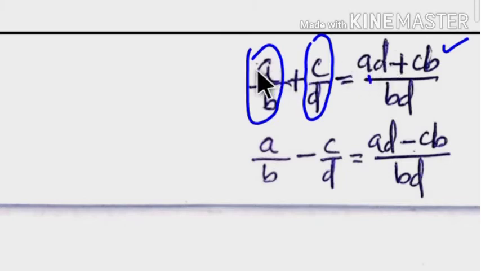That is, numerator of first into denominator of second plus the numerator of second into denominator of first. The same equation is used for subtraction; the only difference is that the plus sign is changed into a minus sign. Instead of ad plus cb, it is ad minus cb, and the denominator is the same, bd.